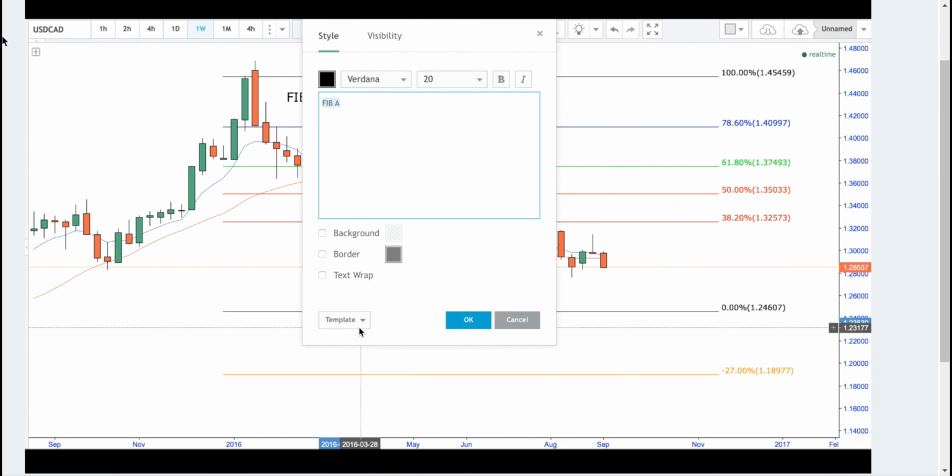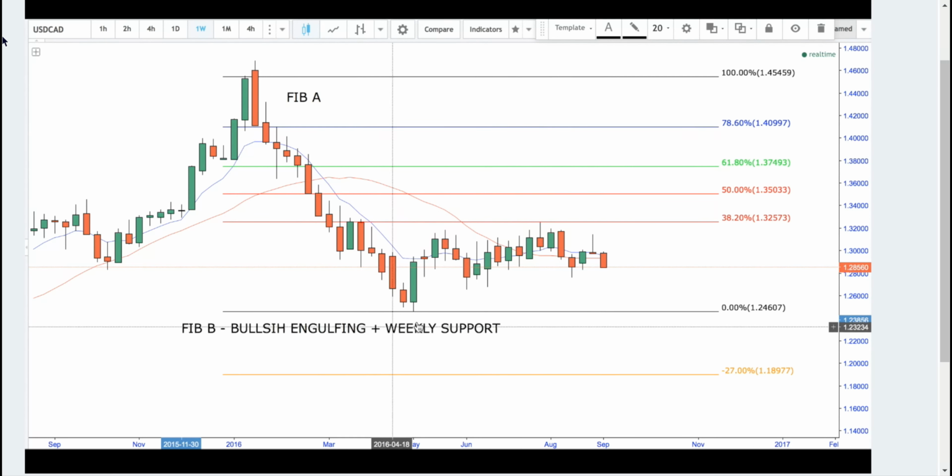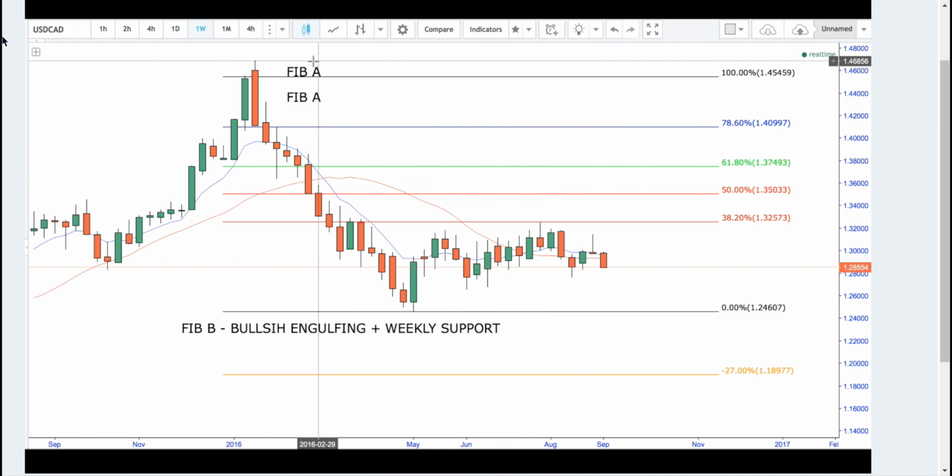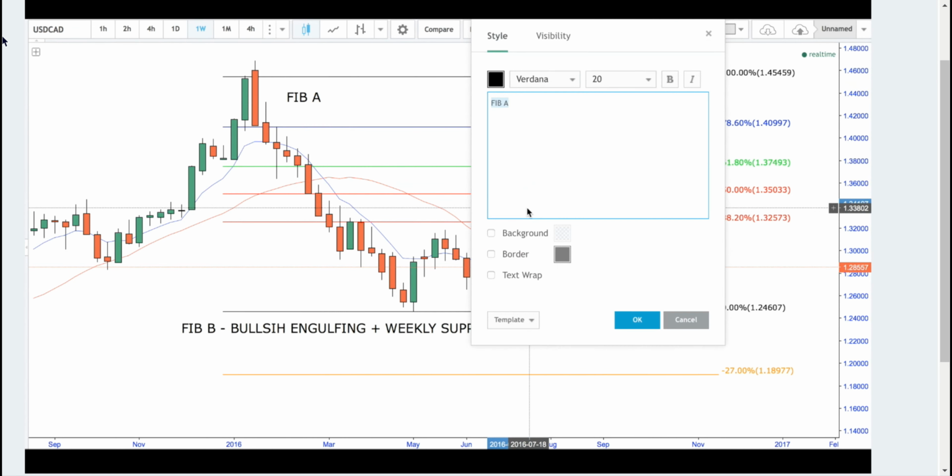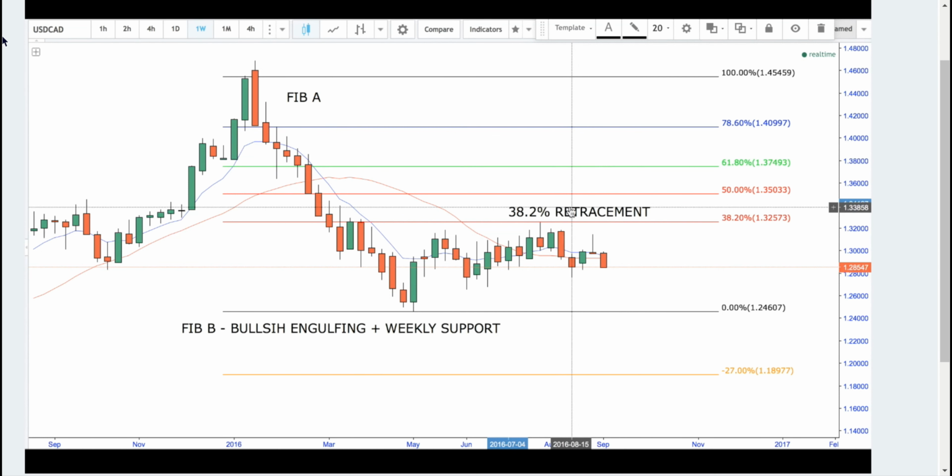we've got fib A, got fib B, and I know off the top of my head this is weekly support right there. And then we also have the 38.2 retracement over there.